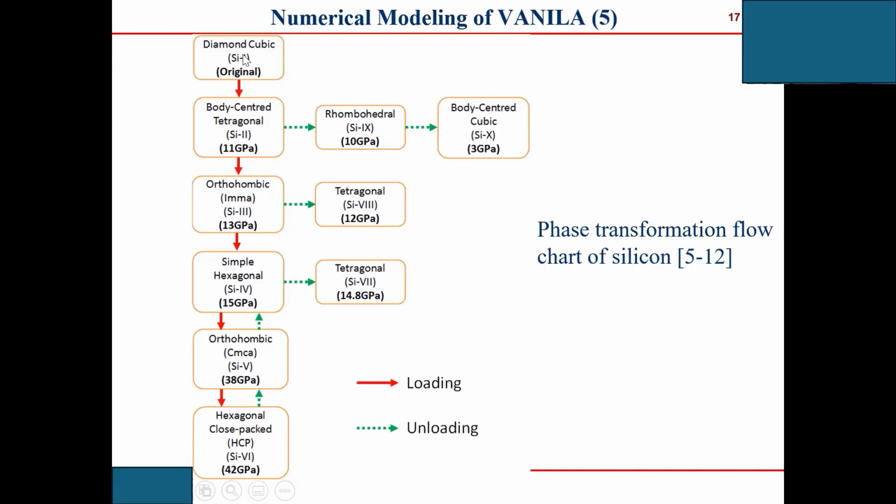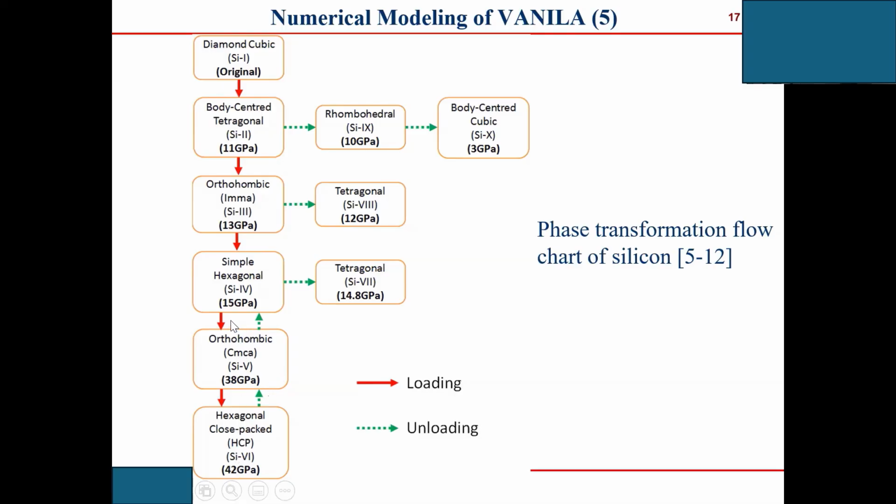The original one we denote as silicon 1. This is a silicon 4, a silicon 5, from 15 to 38 gigapascal, and the silicon will have this kind of crystalline structure. Silicon 6 is from 38 to 42.